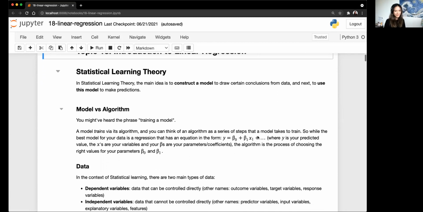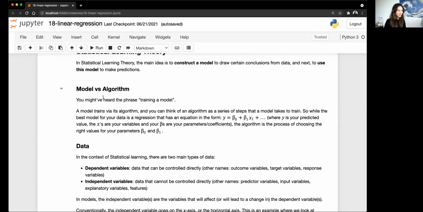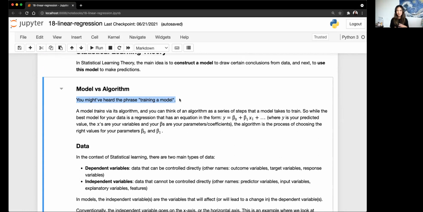As a quick tangent to talk about some terminology, you might have heard the phrase training a model, and also the words model and algorithm, which sound like they can kind of be the same thing, but more specifically, a model trains via its algorithm. So you can think of an algorithm as a series of steps that a model takes to train.